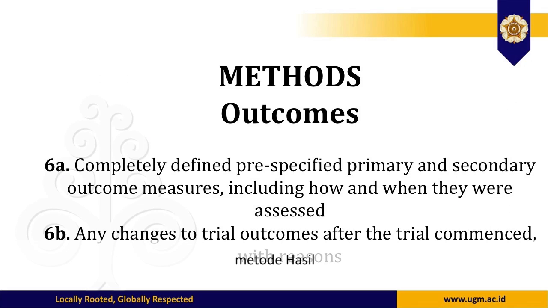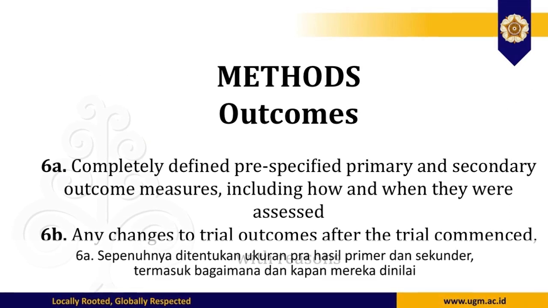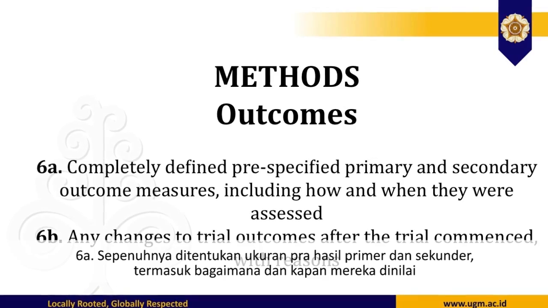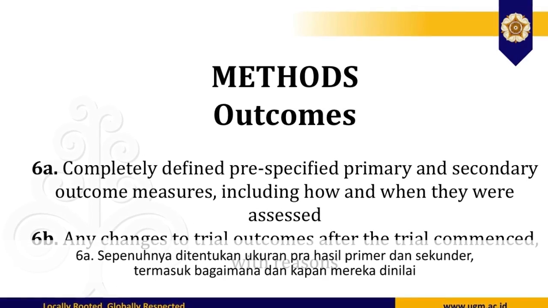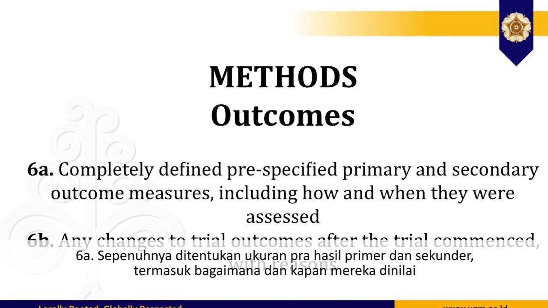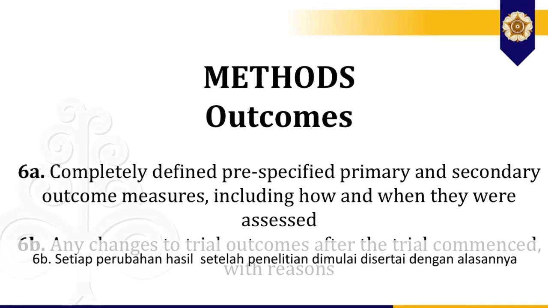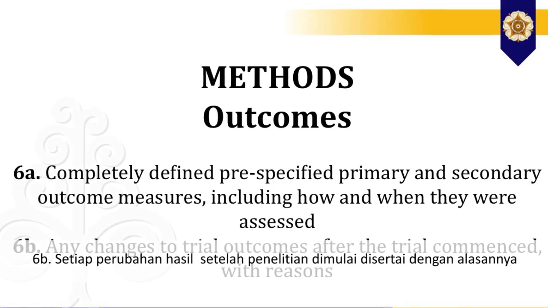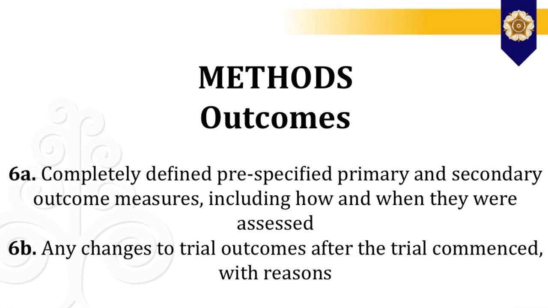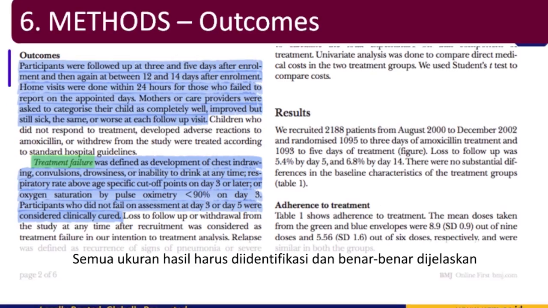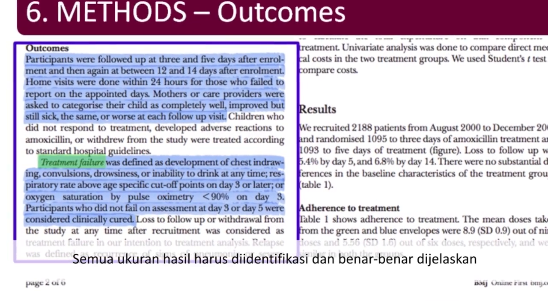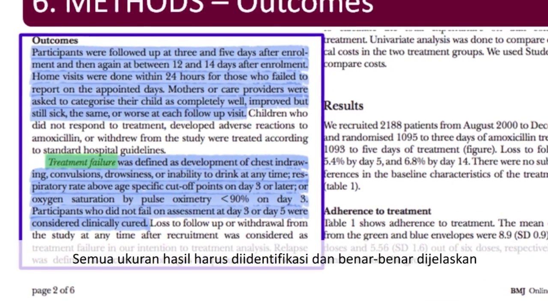Methods, outcomes. 6A, completely defined pre-specified primary and secondary outcome measures, including how and when they were assessed. 6B, any changes to trial outcomes after the trial commenced, with reasons. All outcome measures should be identified and completely defined.